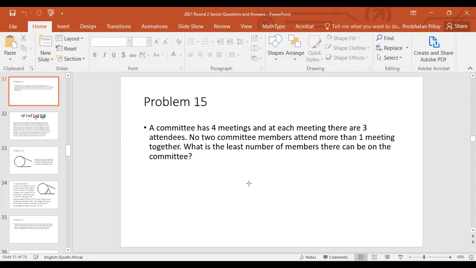So if 2 people attended one of those meetings, a pair, they wouldn't be appearing as a pair in another meeting. That's what it says here. What is the least number of members that can be on the committee?